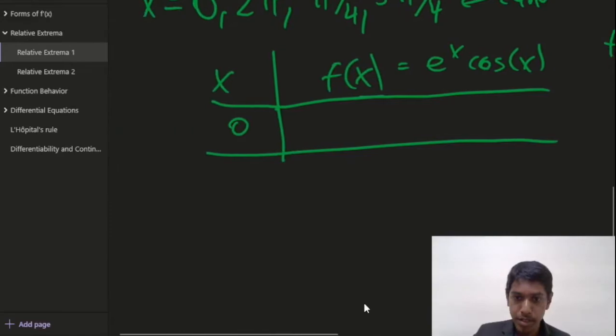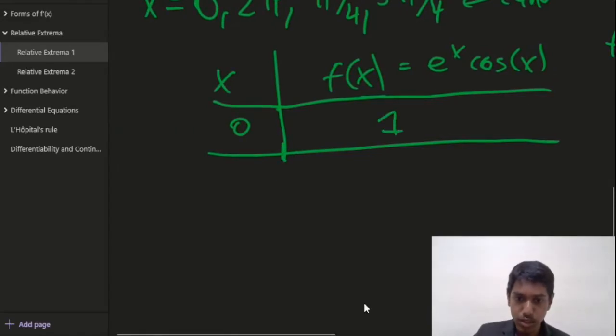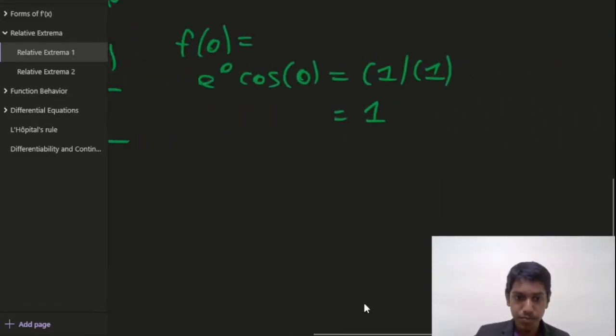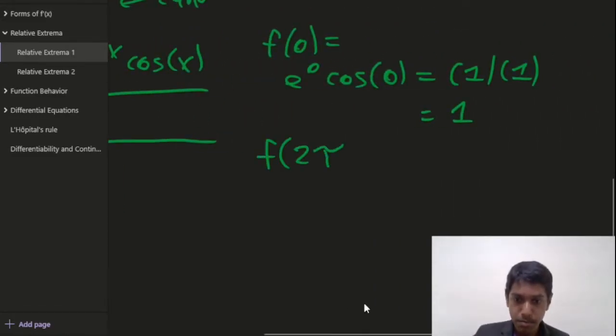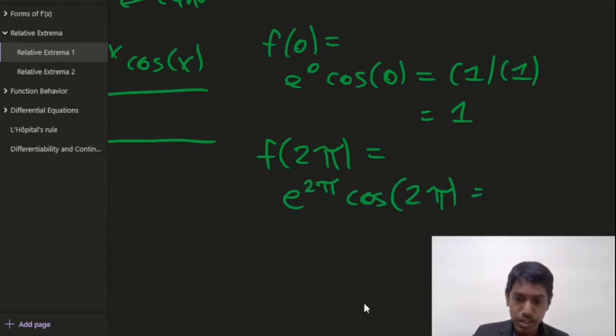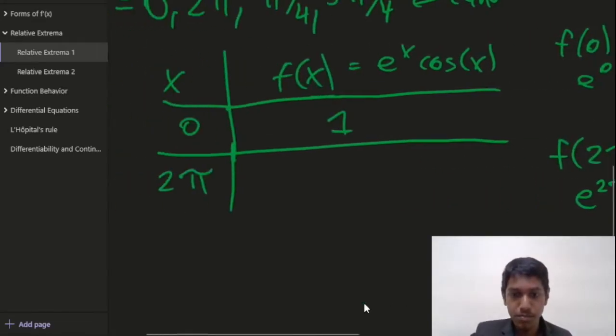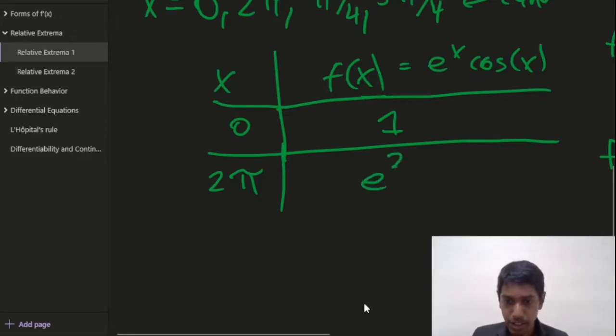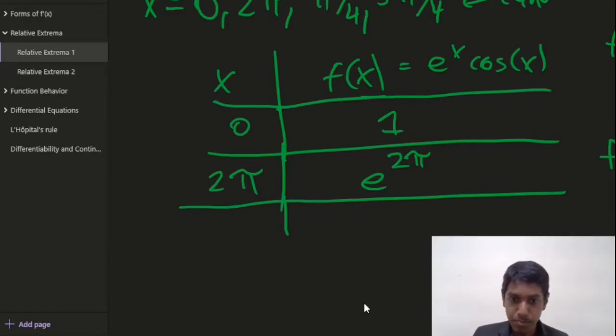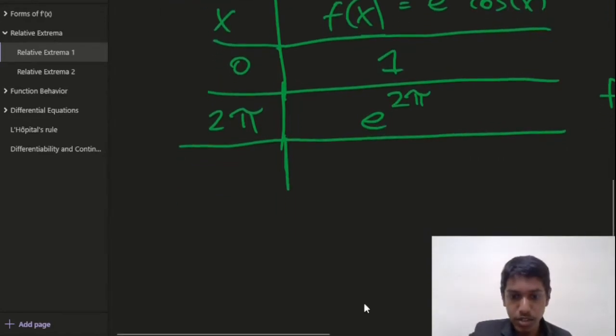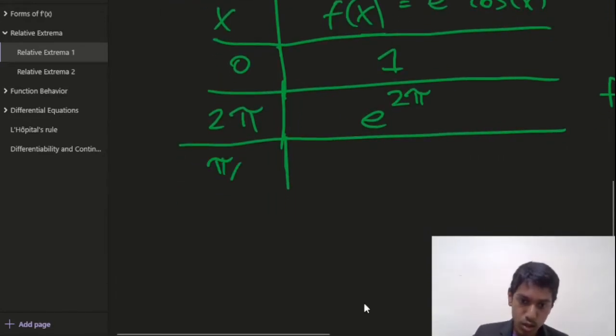So that's pretty easy, it's just a 1. Now f of 2 pi will be e to the 2 pi, and then we've got a cosine 2 pi, which we can simplify to just e to the 2 pi. I mean, that seems pretty big. I don't think that's going to be a maximum, I mean a minimum. And now we've got to do pi over 4.